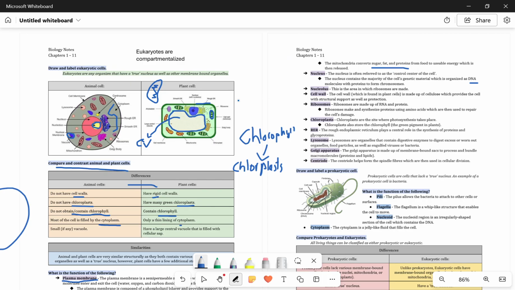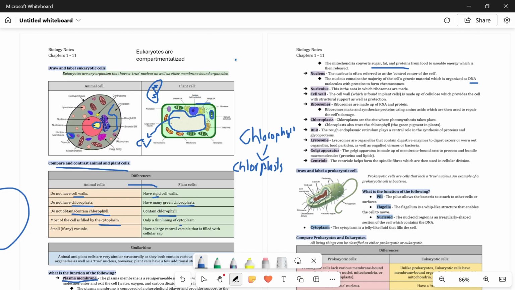Now the cell wall, which is found only in plant cells, is made up of cellulose, which provides the cell with structural support. Then there are ribosomes, which are made up of RNA and protein. Ribosomes synthesize proteins from amino acids, which are then used to repair the cell's damage.